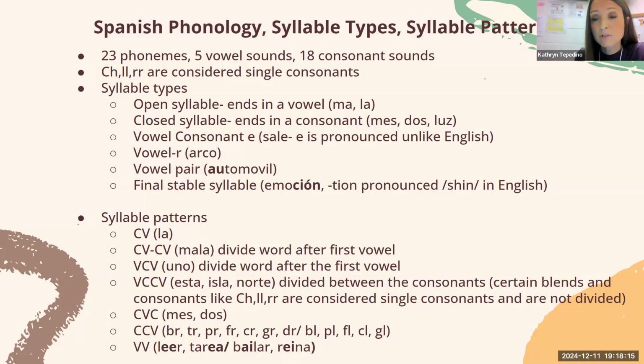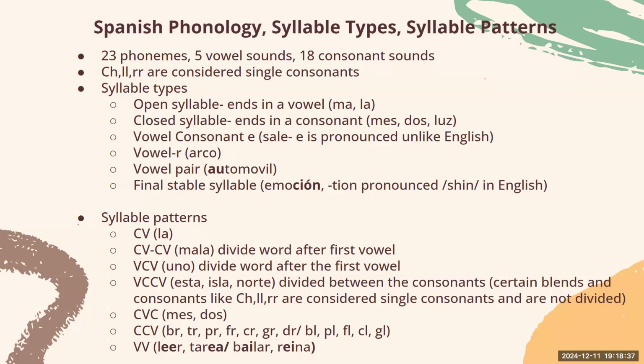Spanish has different syllable types, just like English. The syllable types in Spanish are easier because all of the vowels have one-to-one correspondence, meaning you have one sound for each vowel and one spelling. So it's much easier than English.